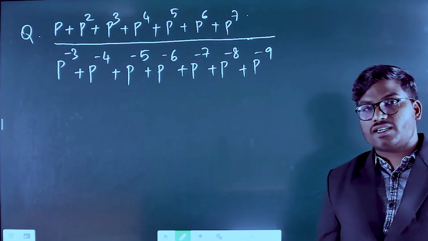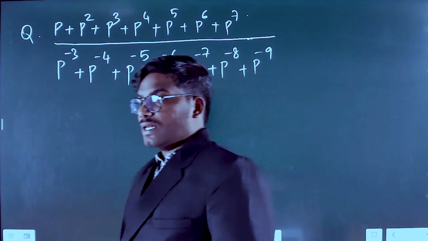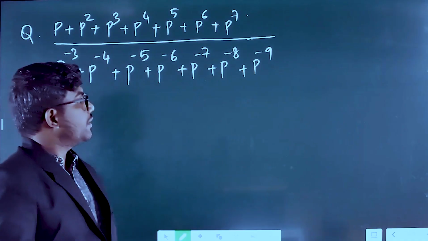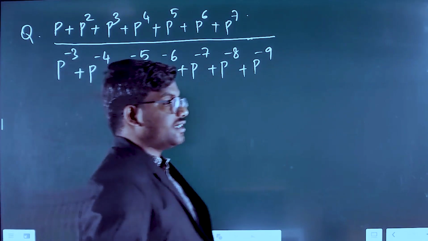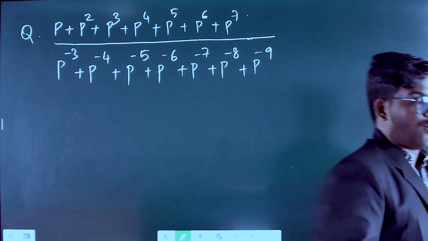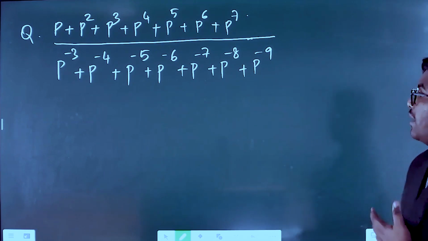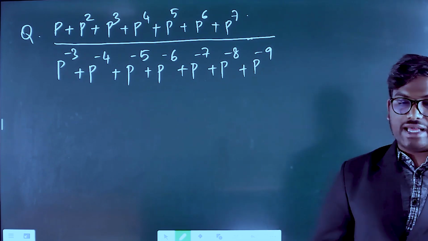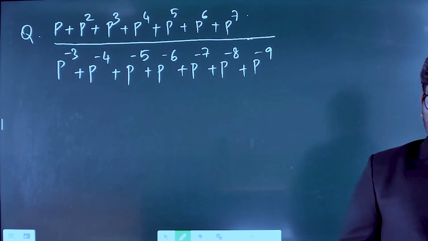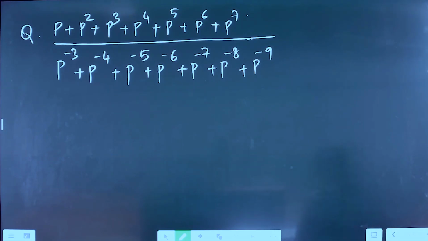If we understood exponents in a whole manner, we would understand this is a very easy question, which does not require any other formula apart from writing p power minus something as 1 by p power that. Now the answer is not 1. The answer is not 1.